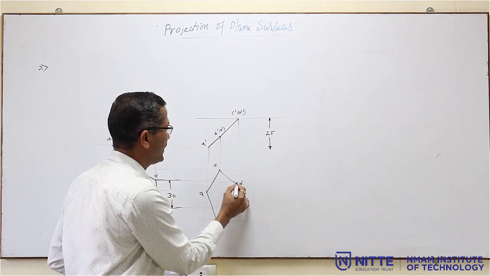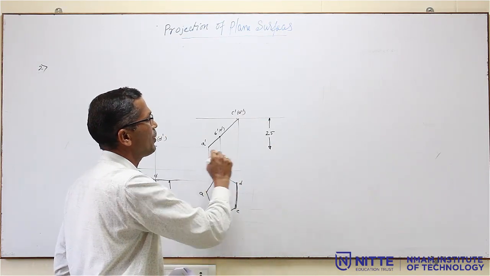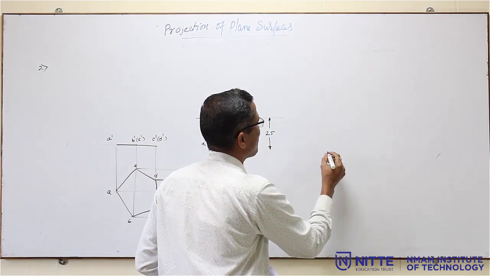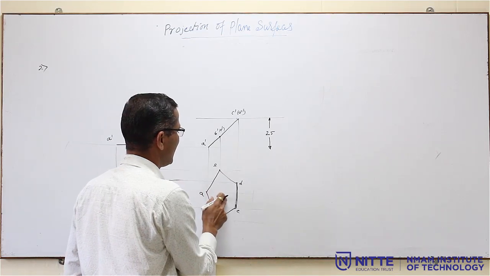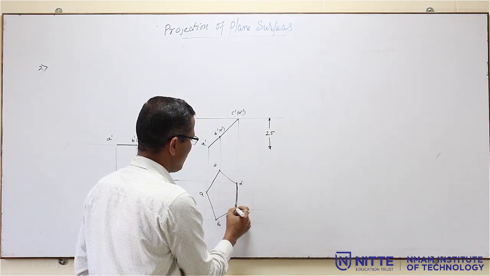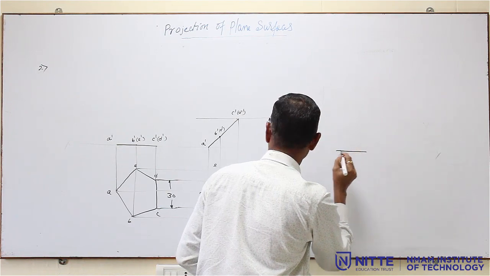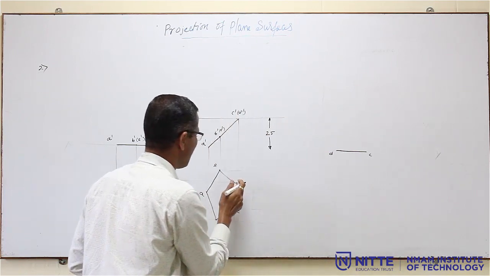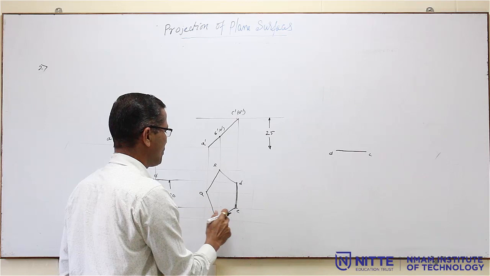Now if you keep this edge CD on VP, then its top view should be on the XY line. That means you copy this and redraw, leave some gap and redraw that pentagon, not the first pentagon. This is a different one, these two are not equal. So copy this pentagon, measure this distance, keep it on the XY line like this, and this is C and D, and the remaining pentagon you have to copy as it is by the method I explained in the previous problem.